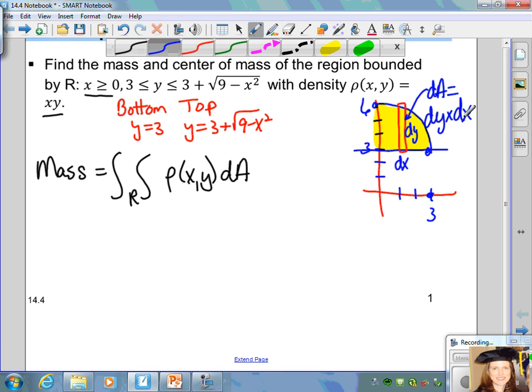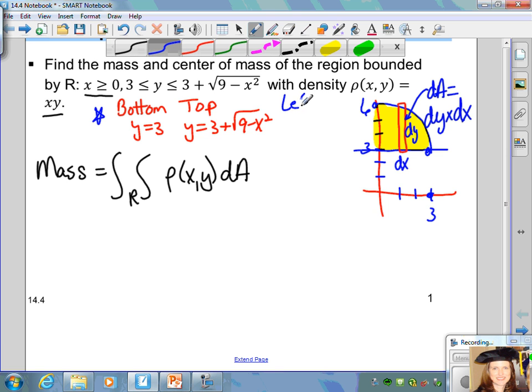So we need to determine the bounds of integration from our bottom y to the top y. In fact, we already have the bounds given to us in the inequality. Your bottom y equals 3, the top y is equal to 3 plus the square root of 9 minus x squared. And then we also need the bounds for x.